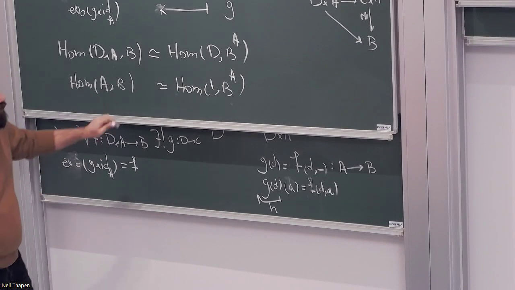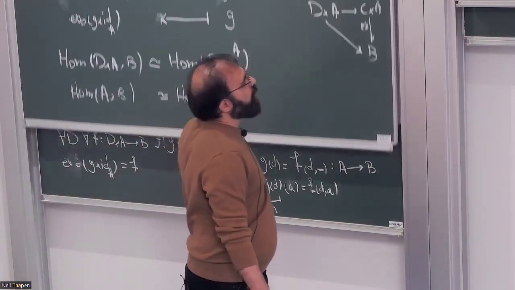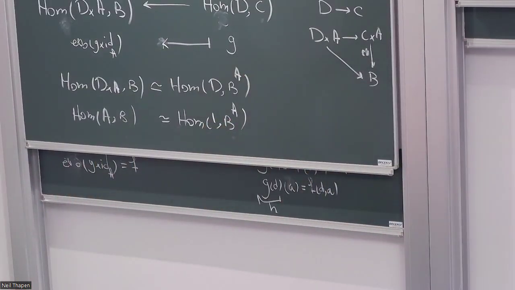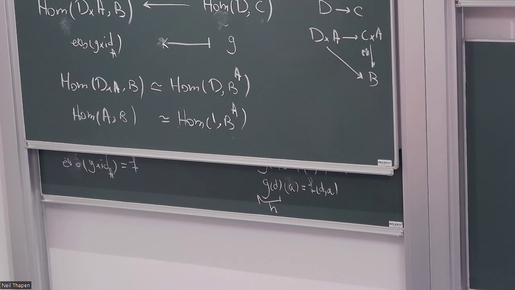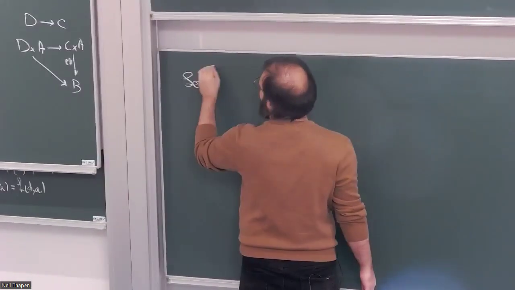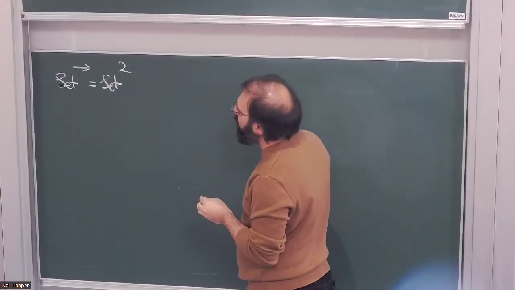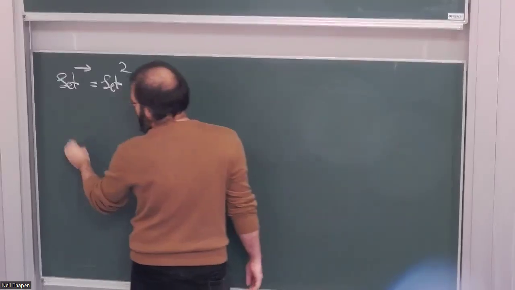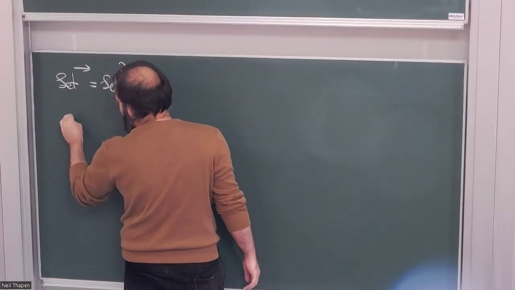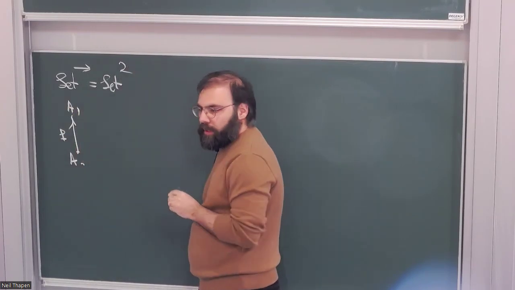Okay. So now I can leave it for a moment, and I want to compute my exponentiation in two other examples that I like. If you remember, this one was the category of variable sets. So functions from some A0 to A1 are objects.